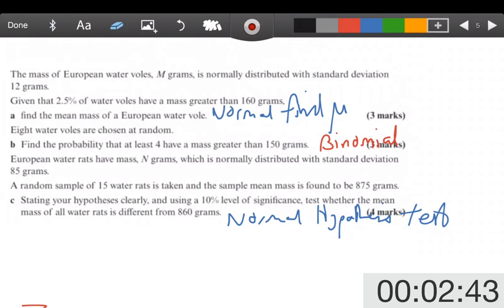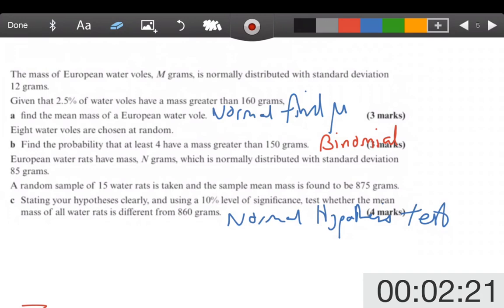X would be 160 grams. Z is the value from the table, Harry. Z is your standard normal distribution value. So X would be your normal distribution, and Z would be your standardized one.